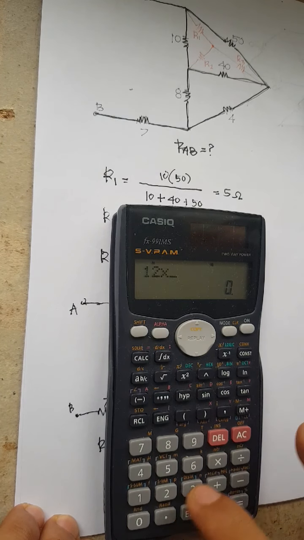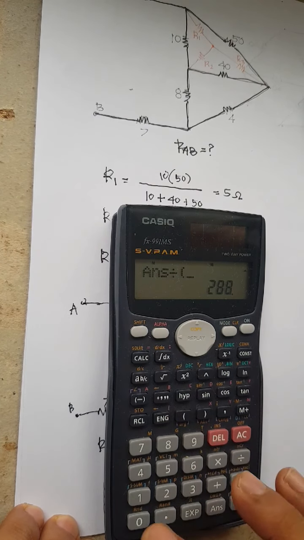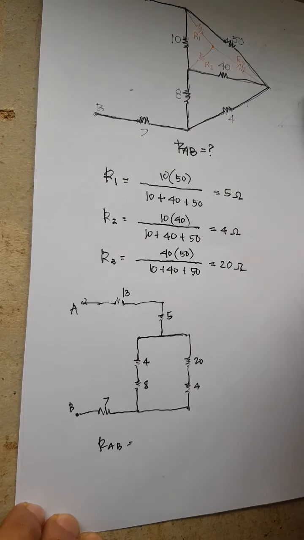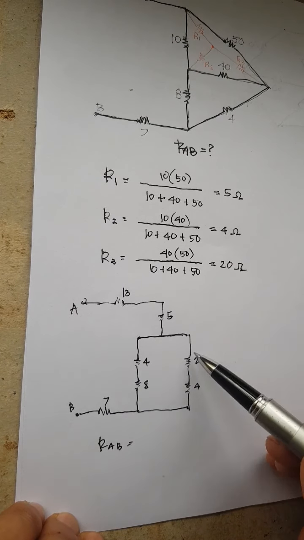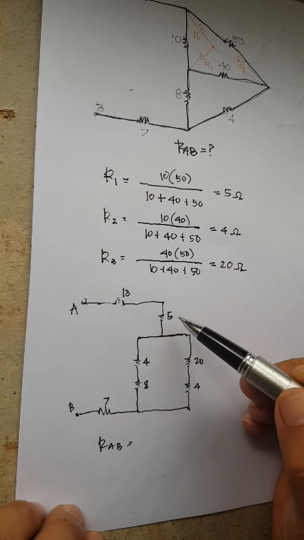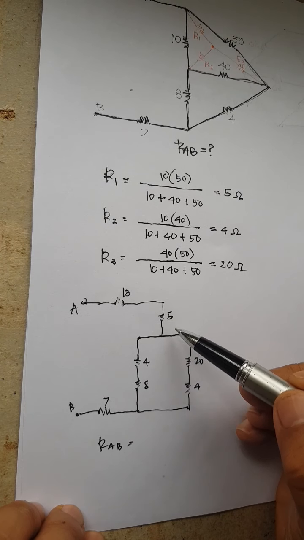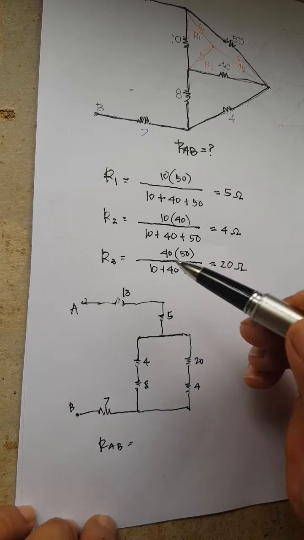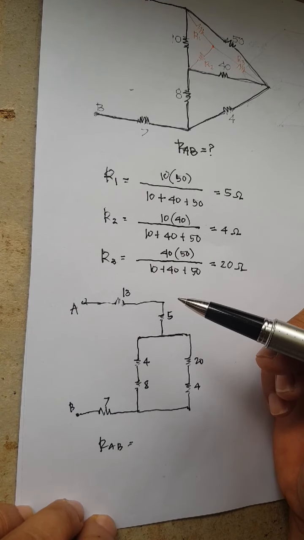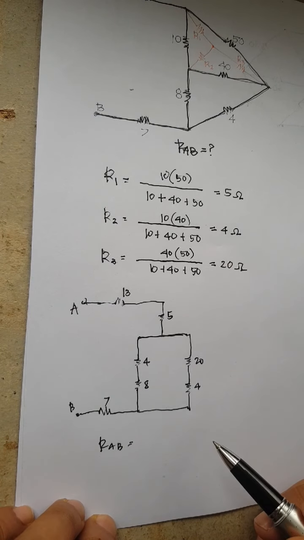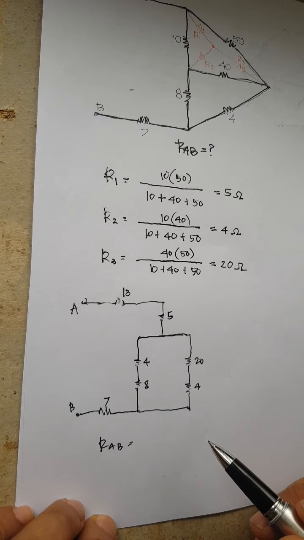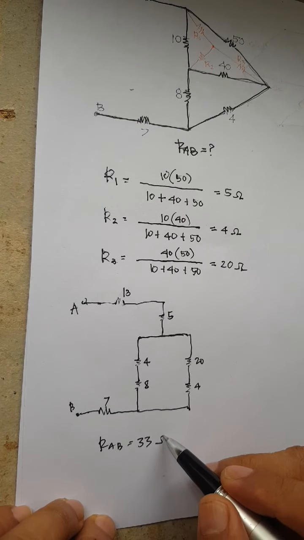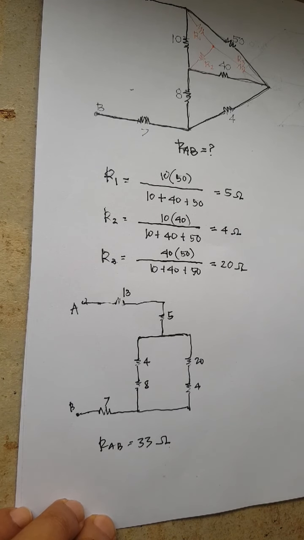So 12 times 24 divided by 12 plus 24, 36, right? So the answer is 8. So this is 8. The entire thing here is 8. And then it is in series with 5, 13, right? And then plus 13, that is 26. 26 plus 7 is 33. Our RAB now is 33 ohms.